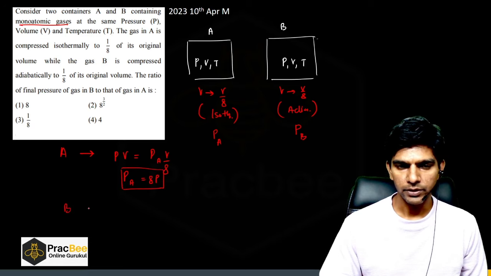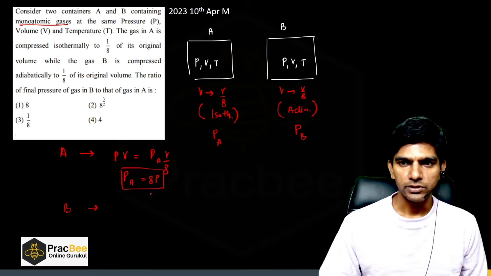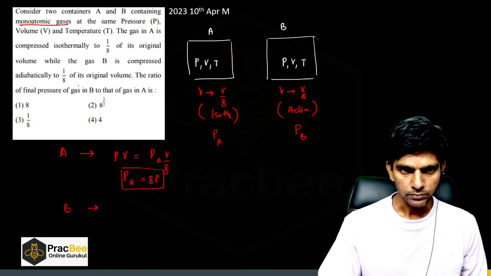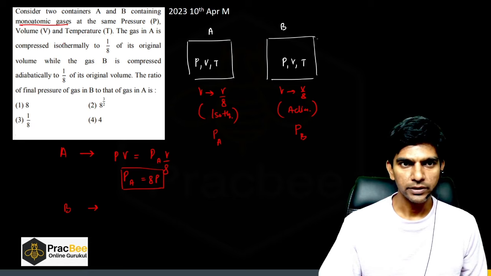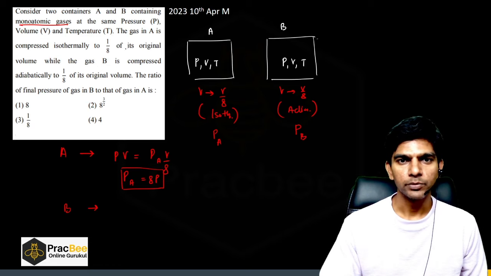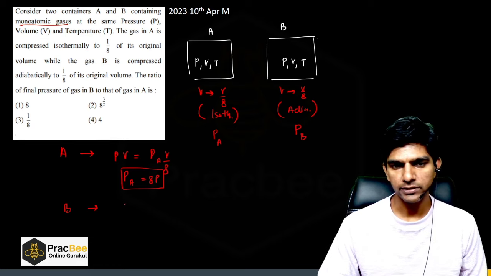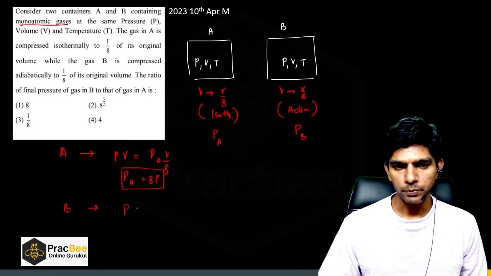Now for container B, we know that PV raised to power gamma is constant, and what type of gas do we have? Let me just check the type of gas we are having. Monatomic gas, sorry. So the gas is monatomic. So it will be PV raised to power 5 by 3 because gamma value is 5 by 3 for monatomic gas.